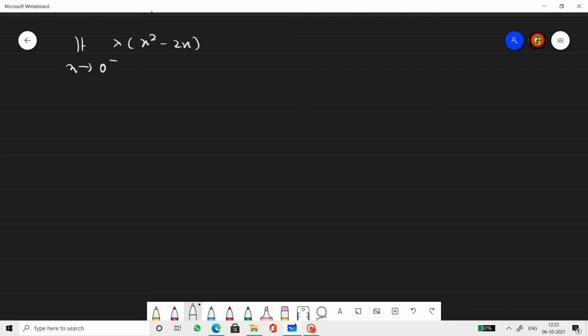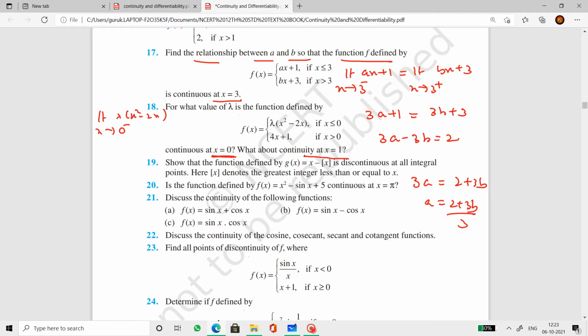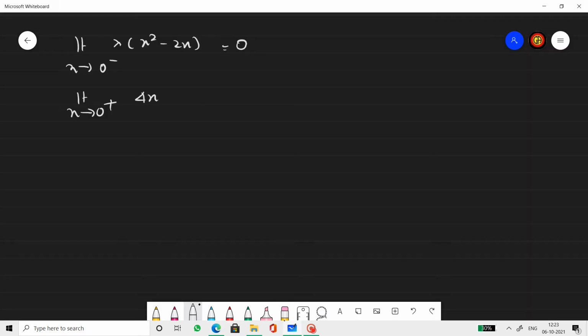Obviously, when you apply 0 in place of x, the answer would be 0. Right? There is no lambda at all. So limit x tends to 0 plus, when it is above 0, it is 4x plus 1. So the answer is 1.